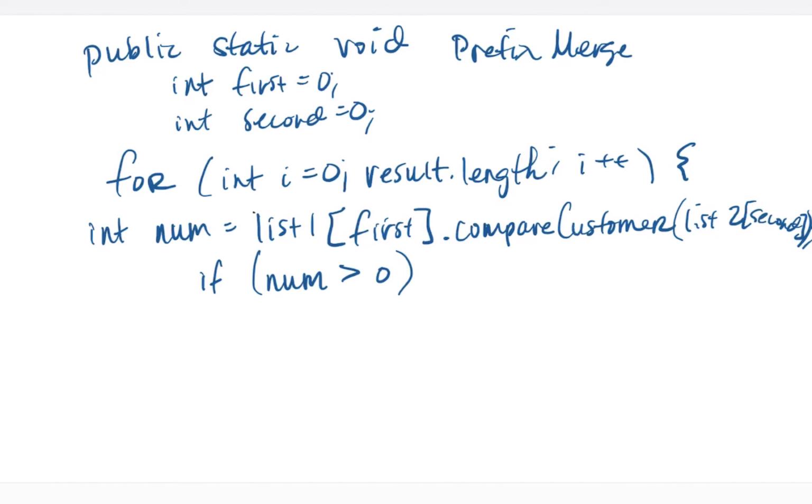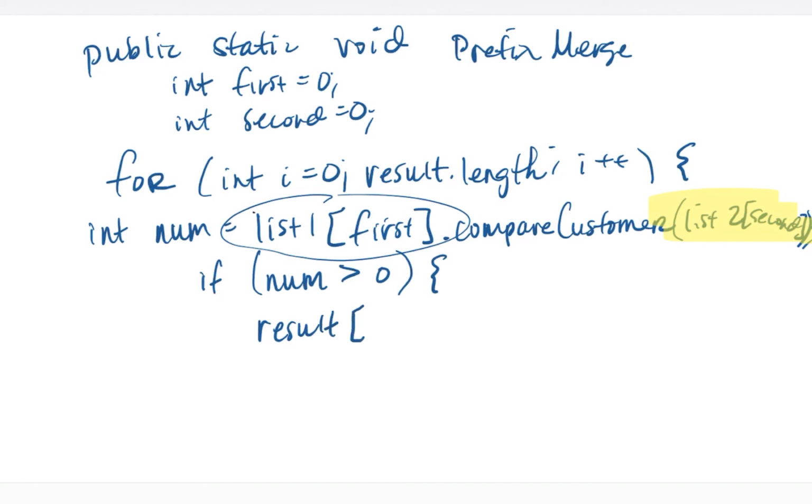Well, that would mean that we want the list to be populated with the element from the second list, because that would mean that that came alphabetically before this element. So if that returned a positive value, then I want to populate the result array at location i with the element from the second list.